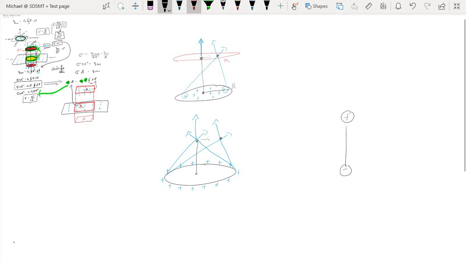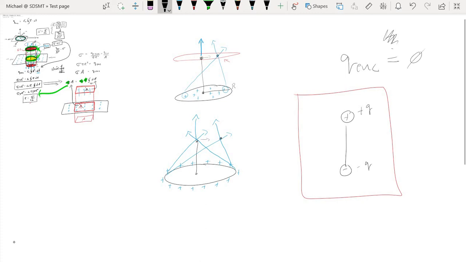Plus, if you were to try to contain this dipole with any kind of container, what would technically be the enclosed charge of your system? Well, you've got one charge of positive Q, you've got another charge of negative Q, and so you've got a net charge of 0.